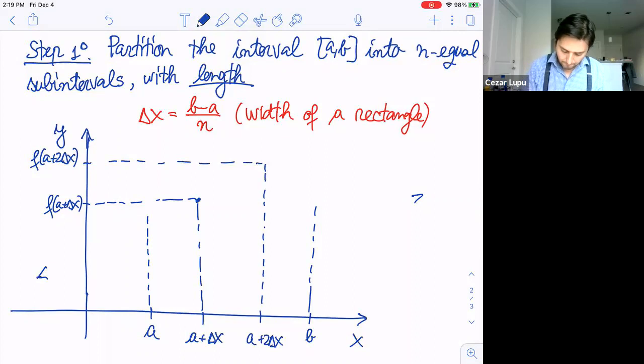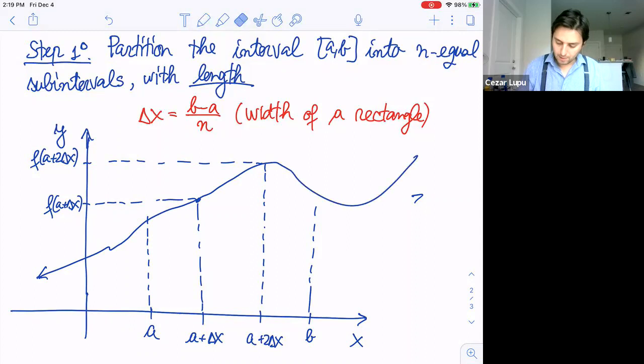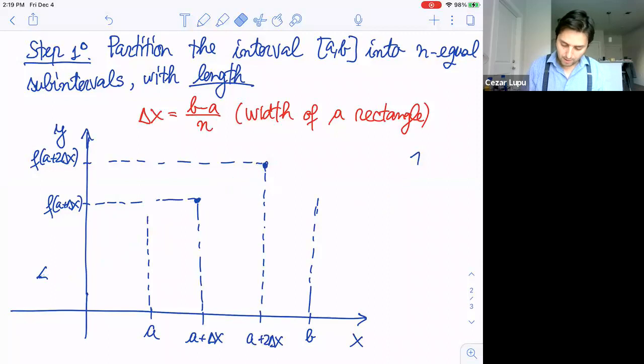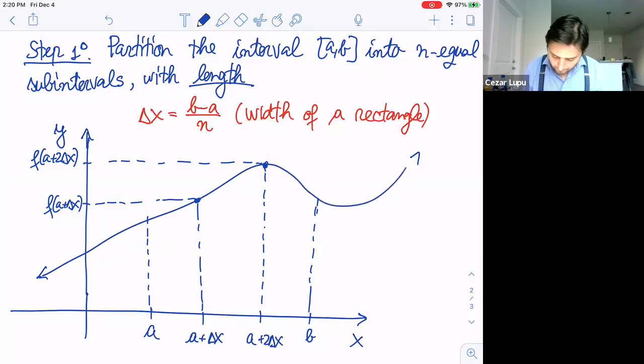We'll go something like this. Okay, so this is the graph of f. So here is the point of coordinates a plus 2 delta x and f of a plus 2 delta x. Let me just draw it again nicely. Okay, that's nicer.